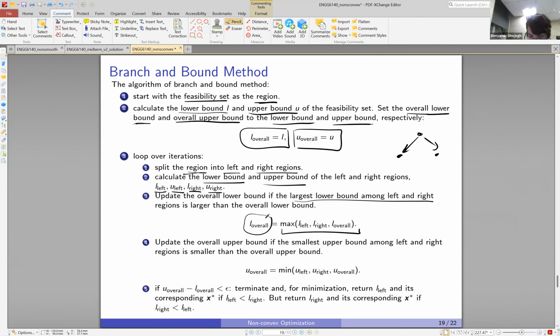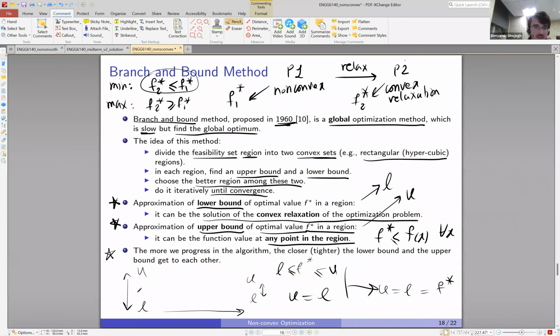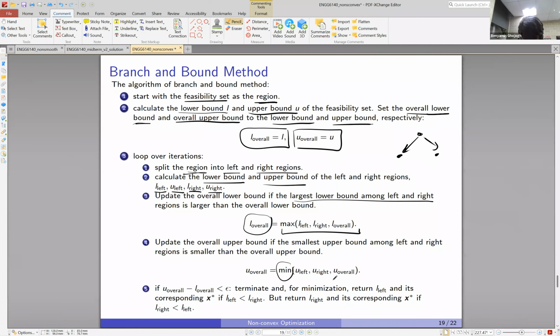I update that. Do the same for the upper bound, but in this case, take the minimum. Again, for the same reason: for a tighter range between the lower bound and upper bound, I want a smaller upper bound. Therefore, I take the smallest upper bound among the left and right regions, and also compare it with the overall upper bound.